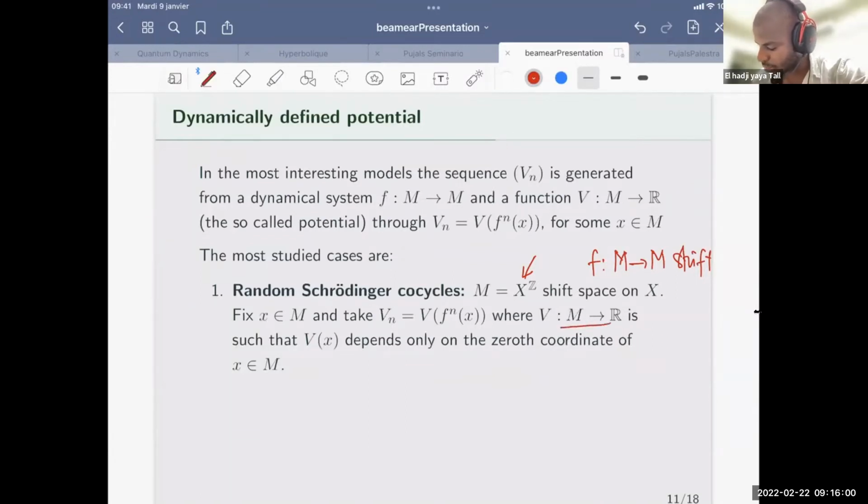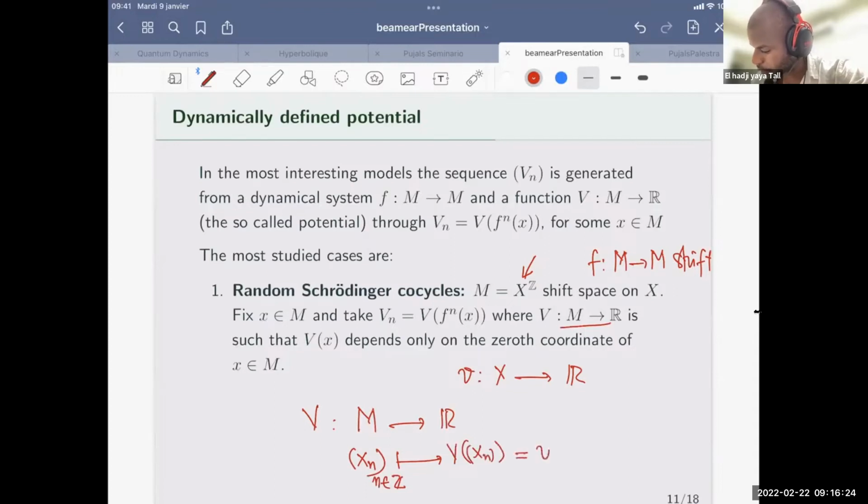What does it mean? It means that you have a function defined from X to R, right? And V is induced by this function. From M to R, give me a sequence Xn in M, Z indexed. This is a bilateral sequence, and you associate V of Xn is just little v of x0. Right? In this case, we are talking about the random Schrödinger cocycle.